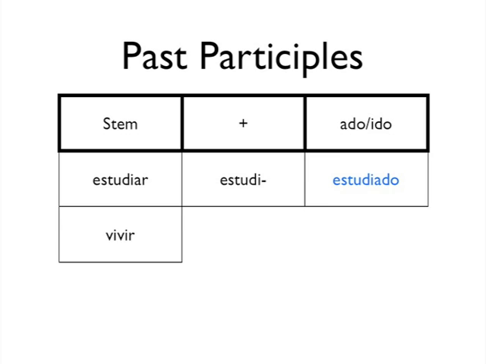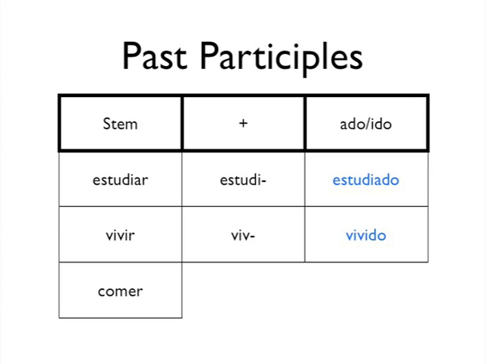What about the verb vivir? What's the stem of this verb? Viv. Do we add ado or ido? Our final product is vivido. How about comer? What's the stem? Com. Do we add ado or ido?